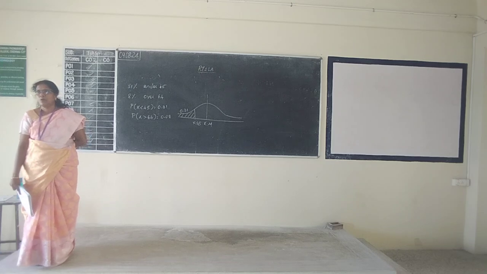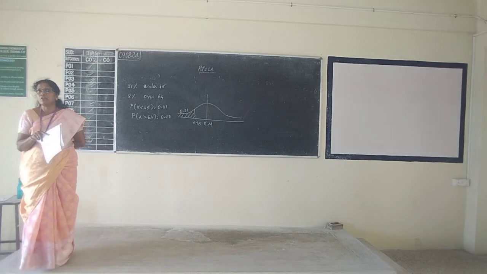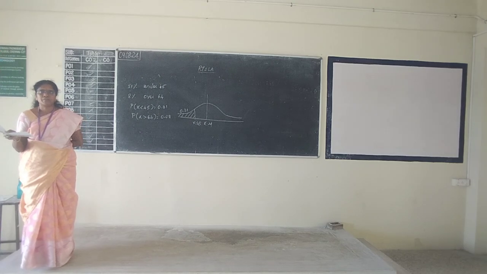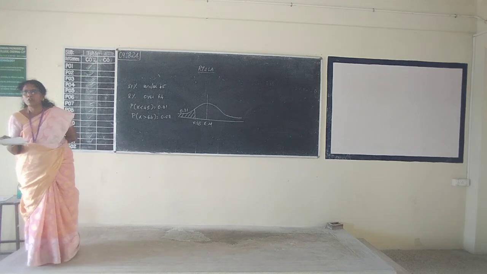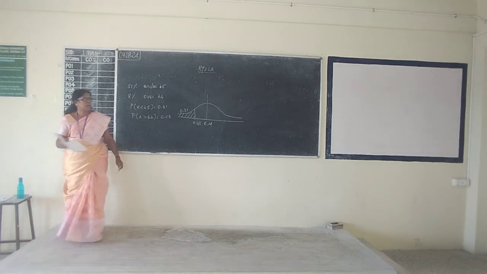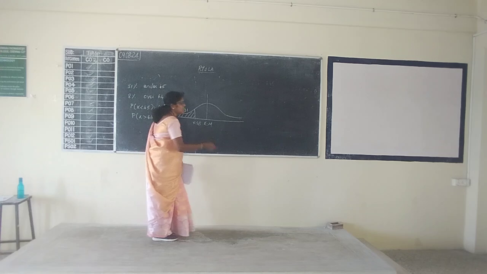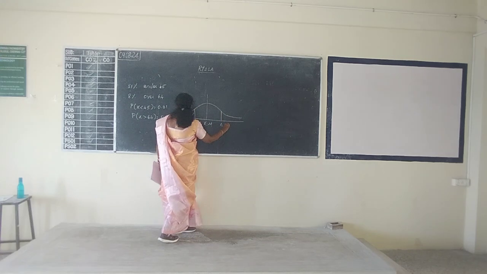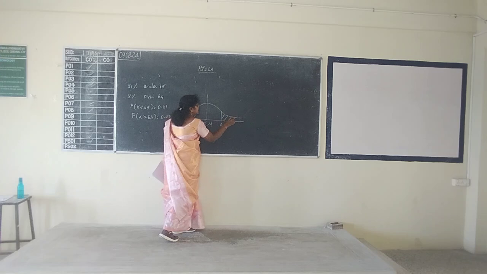Over 64 means from 64 to infinity, and that is going to be only 8%, 0.08. So we will mark it on the right hand side, above. So x is equal to 64, and this area is given to be 0.08.